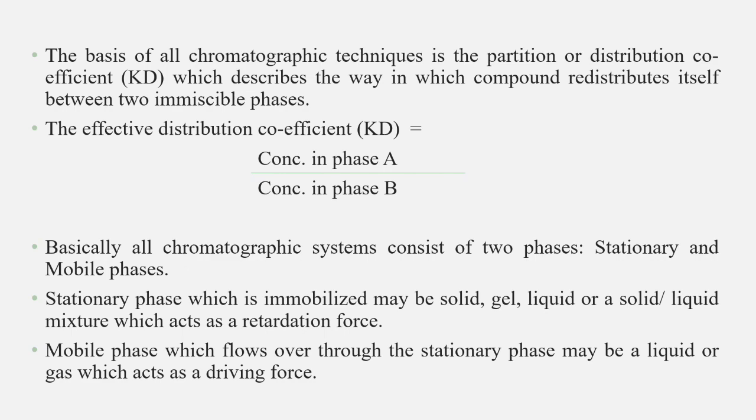It may be a solid, a gel, or a liquid or solid-liquid mixture, which acts as a retardation force. The mobile phase flows over the stationary phase, and may be a liquid or gas, which acts as a driving force.